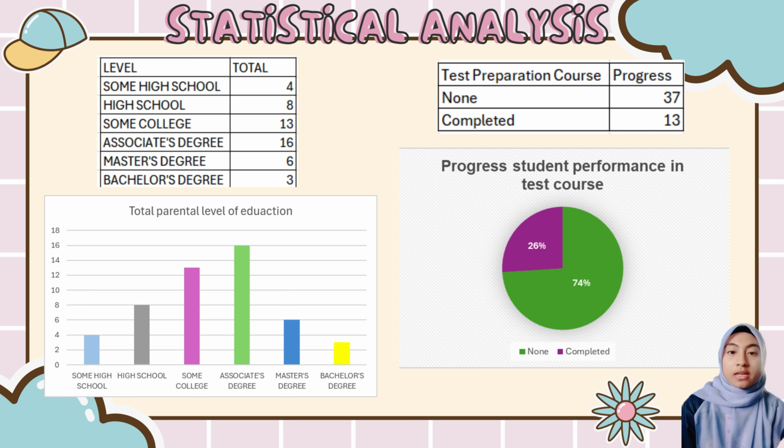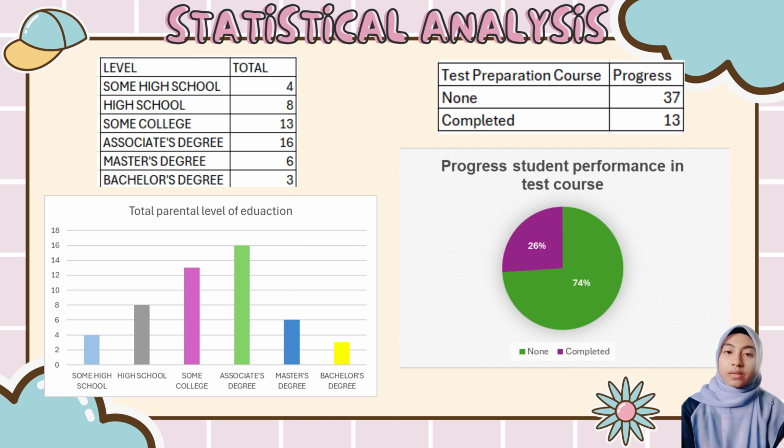According to the data, associate degree is the highest level with 16, followed by some college with 30, high school with 8, master's with 6, some high school with 4, and bachelor's with 3. From this bar chart, we can see the associate degree is the highest level in education and the lowest is the bachelor's degree.